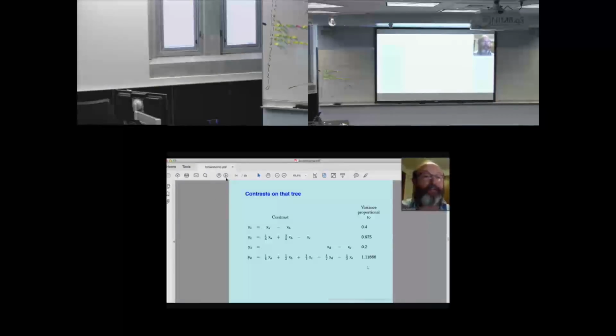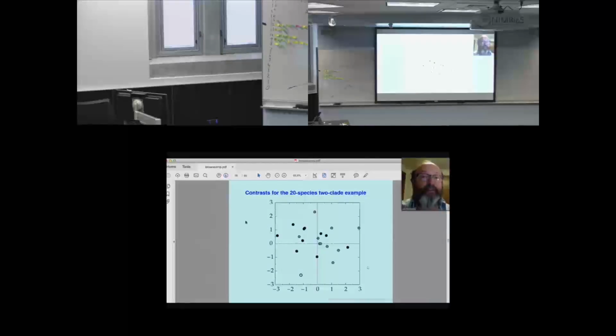by their contrasts. If I do that to the 2-clade example, that one that had 2 11 species clades, the one where some were colored gray and some were colored black, here's what I get for the simulation whose results I showed you. The gray points here are not gray species, they're contrasts. You can get 10 contrasts within the 11 species gray clade, and there they are.